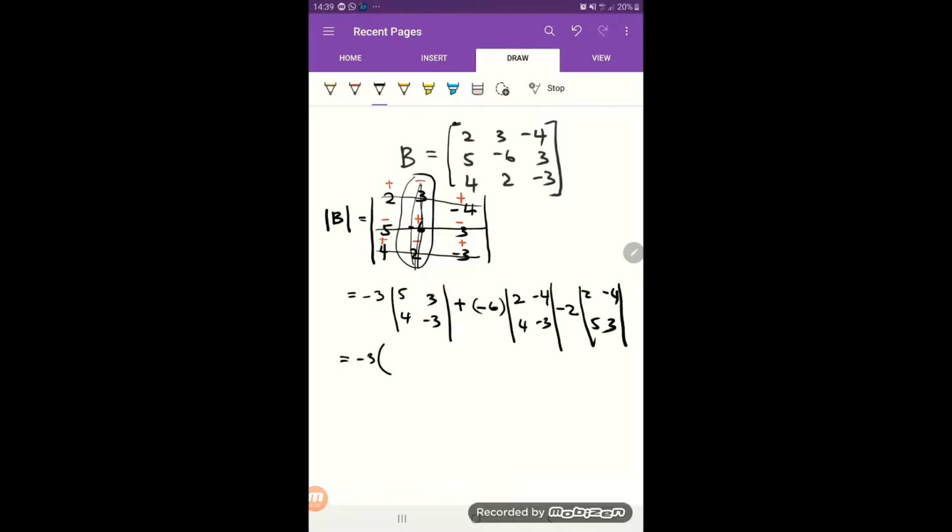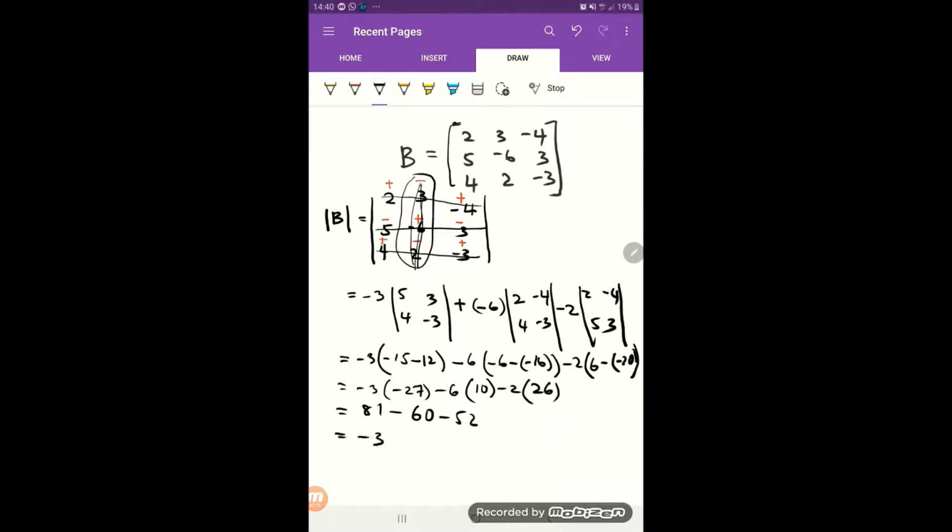Negative 3 times (5 times negative 3 is negative 15, minus 12). Then plus negative 6 times (negative 6 minus negative 16), and then minus 2 times the remaining 2 times 2 determinant. This gives 81 minus 60 minus 52.